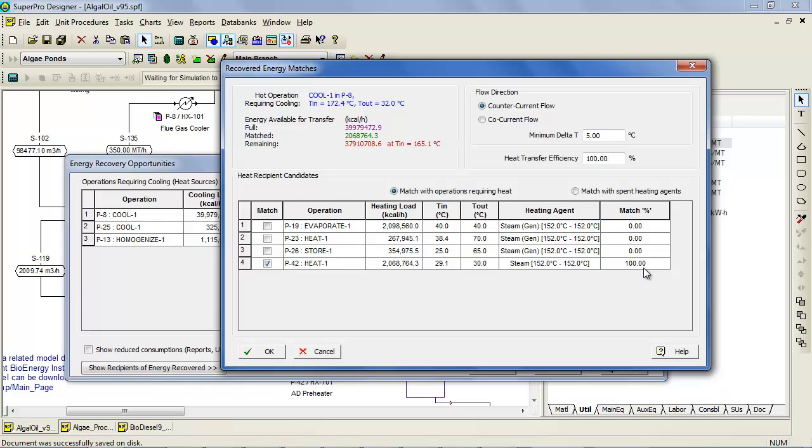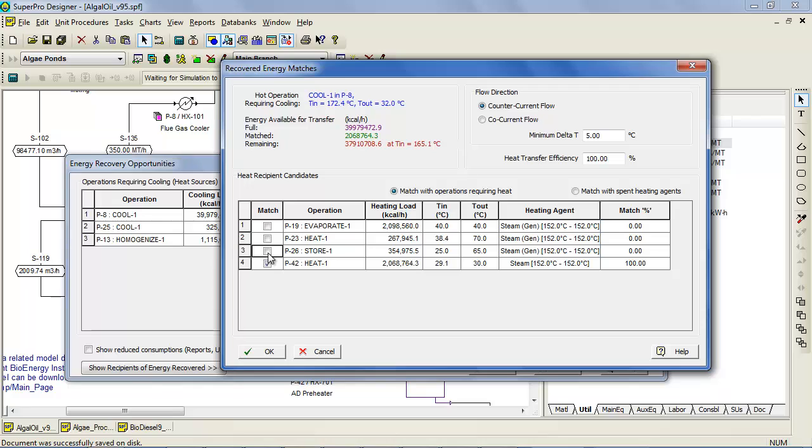Keep in mind that multiple heat sinks could be chosen on this dialog by selecting additional checkboxes for other operations. As a result, the excess heat that must be removed during the cool operation in procedure P8 could be used to provide heating to all the other heat recipient operations listed here.